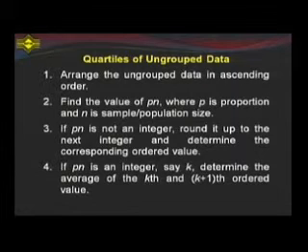Find the value of pn, where p is proportion and n is sample or population size. 3. If pn is not an integer, round it up to the next integer and determine the corresponding ordered value. 4. If pn is an integer, say k, determine the average of the kth and (k+1)th ordered values.